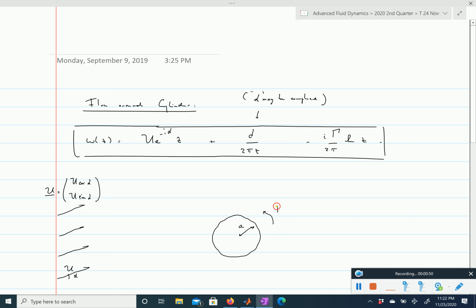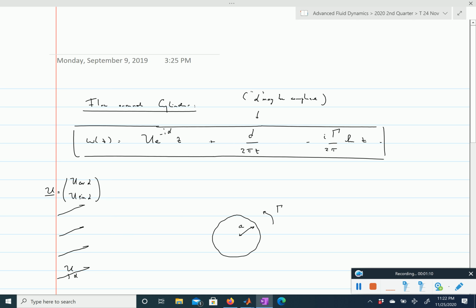In this case, as we've discussed before, we can represent the flow with a uniform flow. The uniform flow for an incidence angle of alpha, or an angle of attack of alpha, is U exponential minus i alpha times z, plus a dipole.